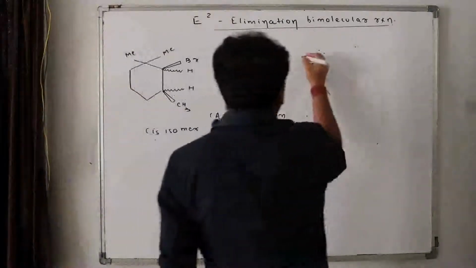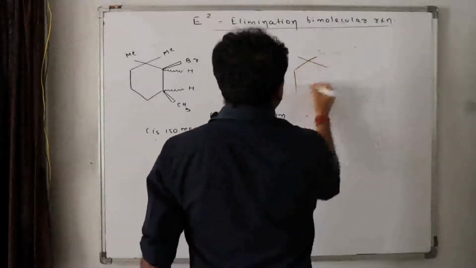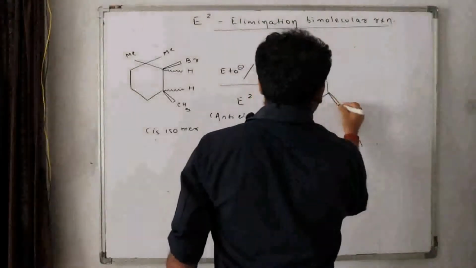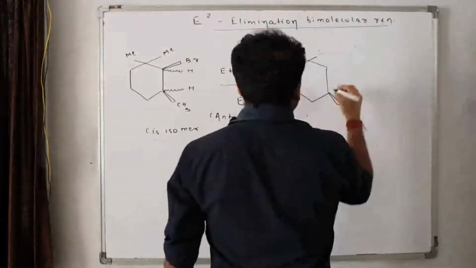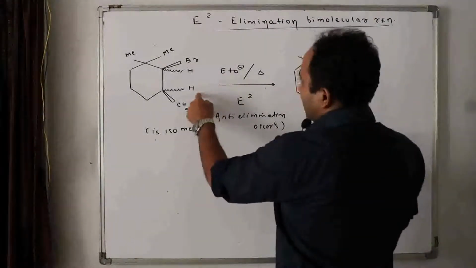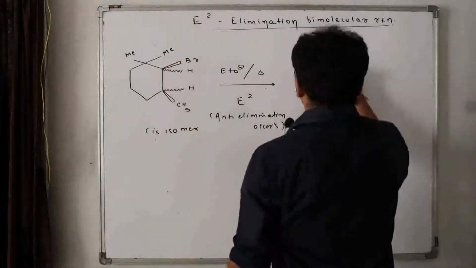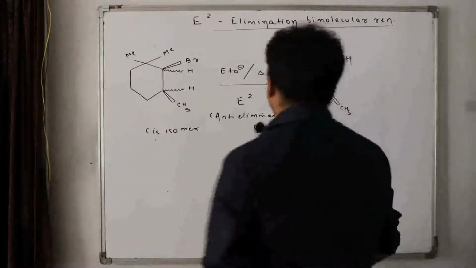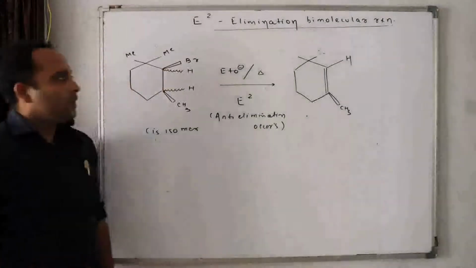What will happen in this case? Is this the product formed? CH3. Now, EtO minus has removed this H and this bromine. Is it okay? Clear? Easy?